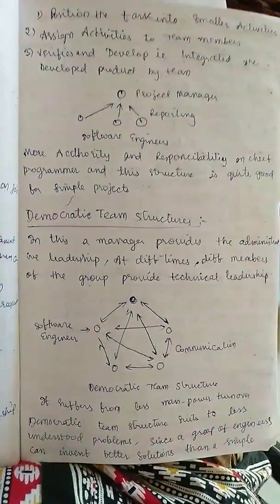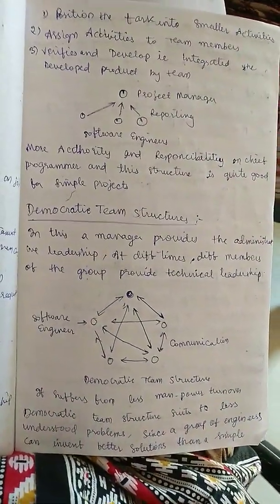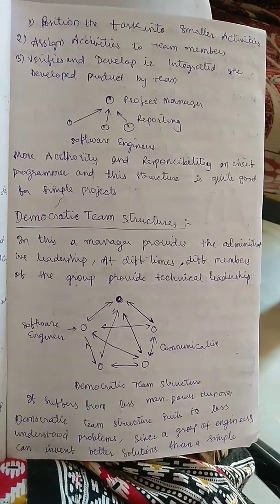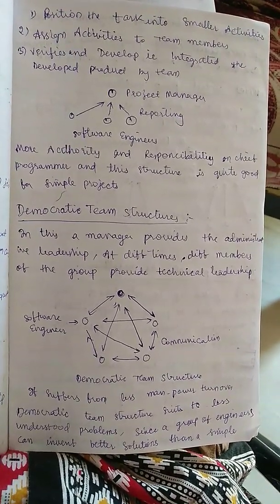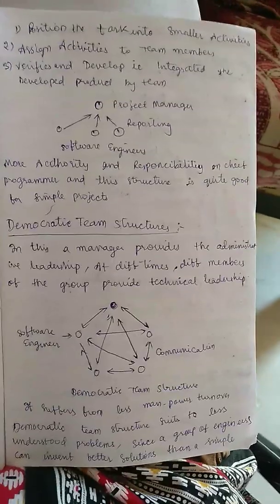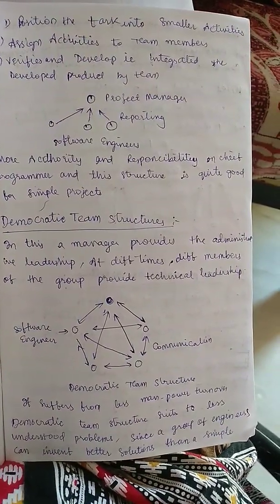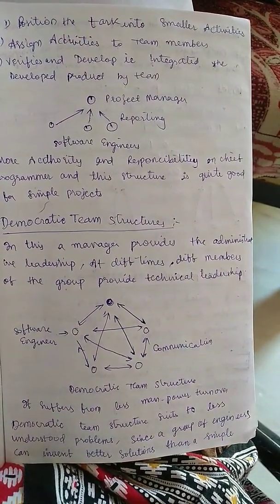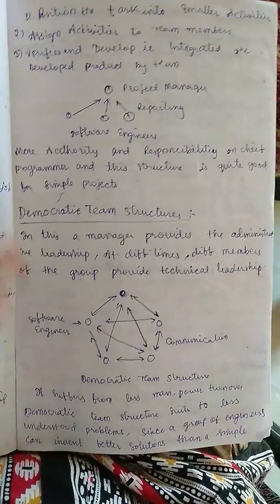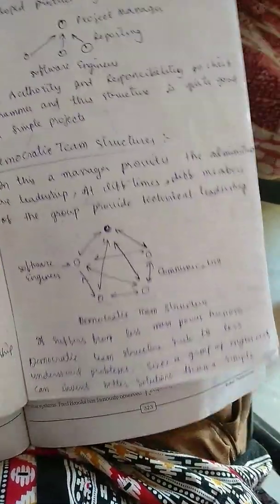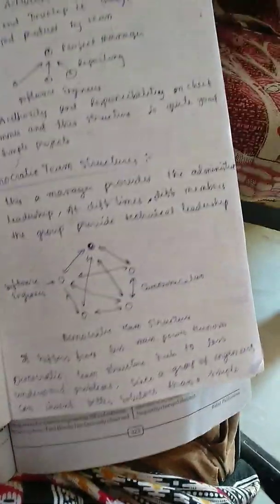Everyone can communicate in this democratic team structure. It suffers from less manpower turnover. Democratic team structures suit less understood problems, since a group of engineers can invent better solutions than a single person.